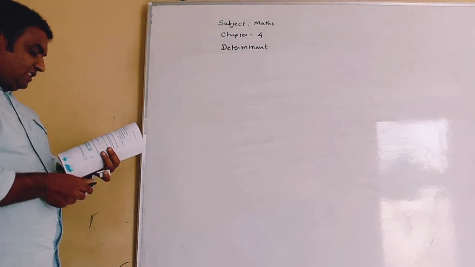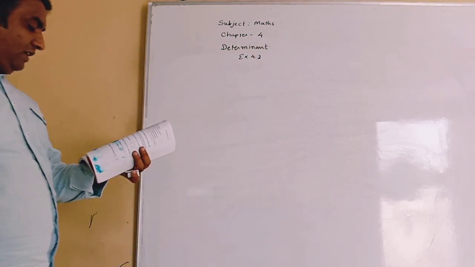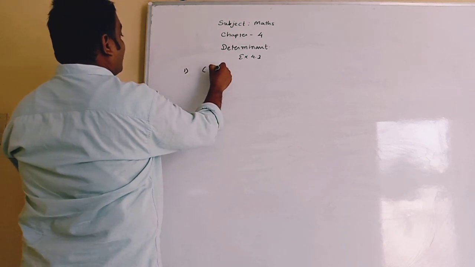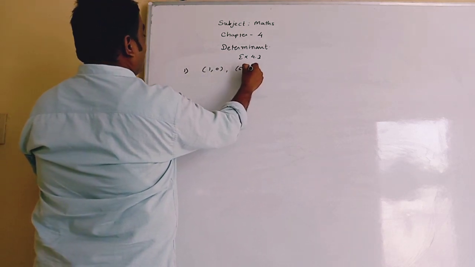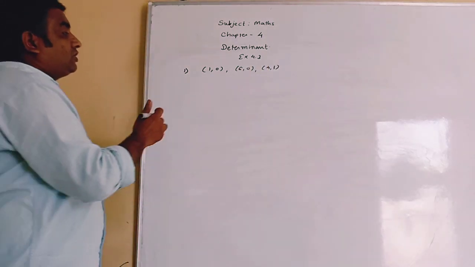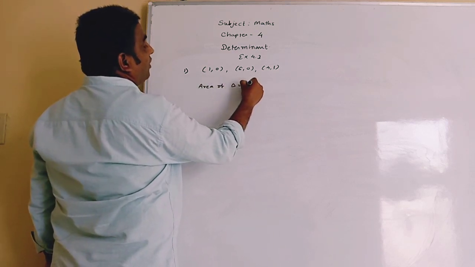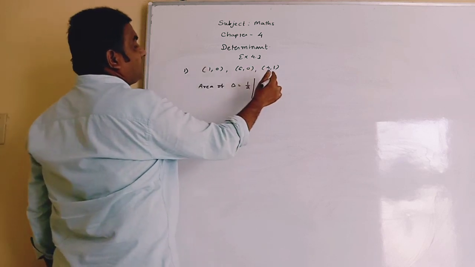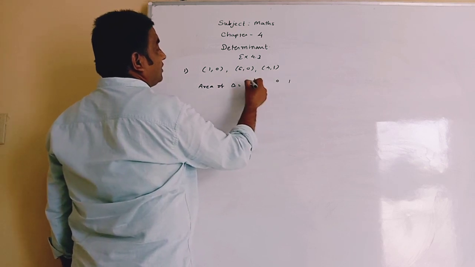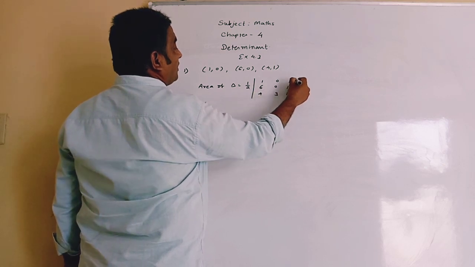So let's see exercise 4.3. Using determinant find the area. The first question is: find the area of triangle whose vertices are (1, 0), (6, 0) and (4, 3). Now we know that area of triangle equals 1 by 2 into the determinant 1 0 1, 6 0 1, 4 3 1.